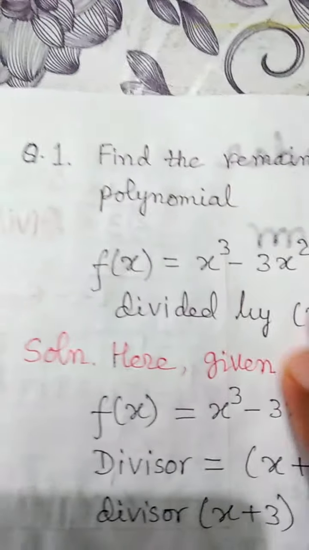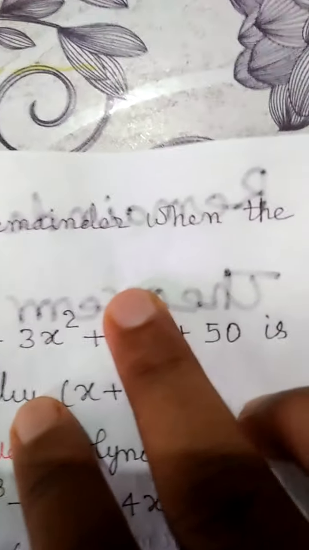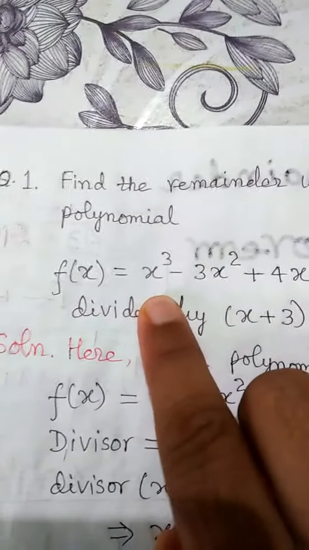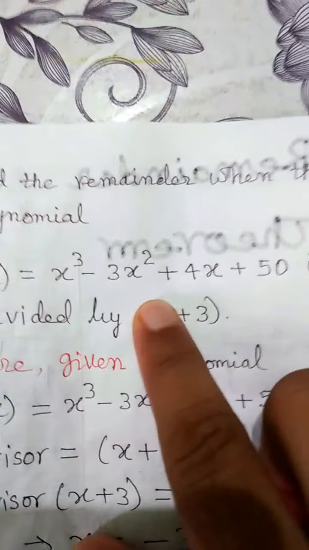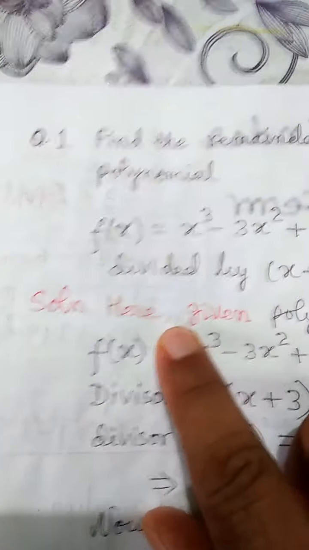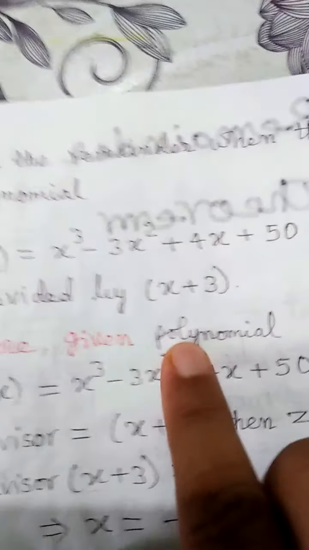The example is like this. Find the remainder when the polynomial f(x) equal to x cube minus 3x square plus 4x plus 50 is divided by x plus 3.